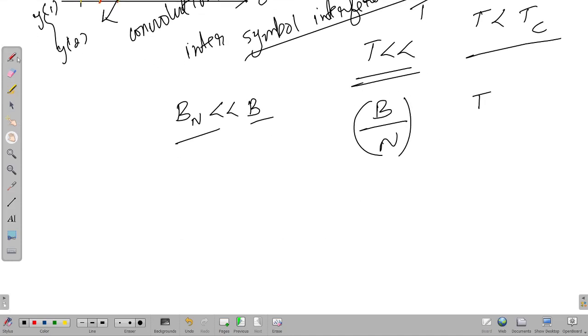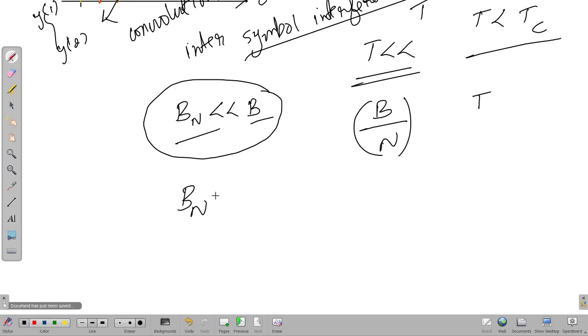The time duration of the symbol is going to increase. You will satisfy this condition in such a way that Bn is less than the coherence bandwidth of the channel, right?